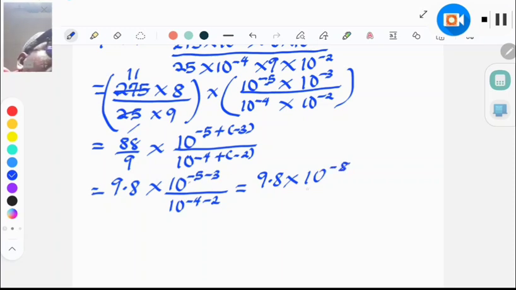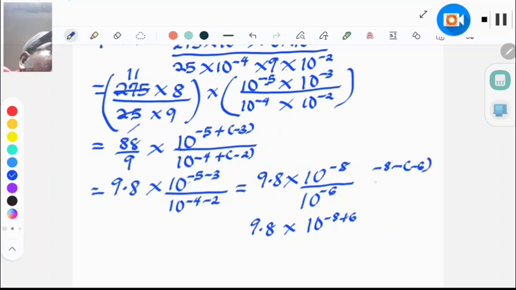That's negative 8, 10 raised to the power negative 6. And this is the same as 9.8. A shorter way to just do this is that if negative 6 should go up, it becomes positive 6. Or if you want to follow the law of indices, you say negative 8, you subtract the powers, and this will be negative 8 plus 6. So which is still the same thing as what we have in this situation.